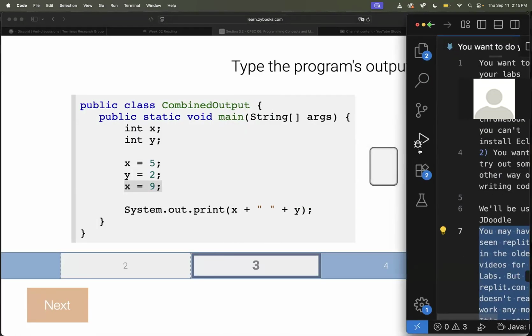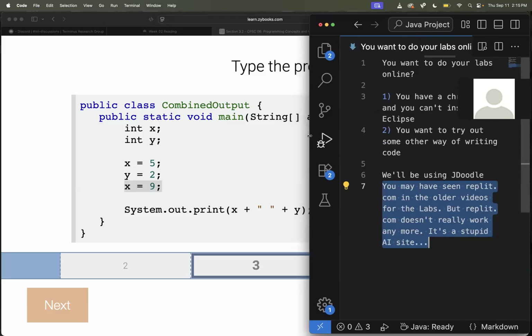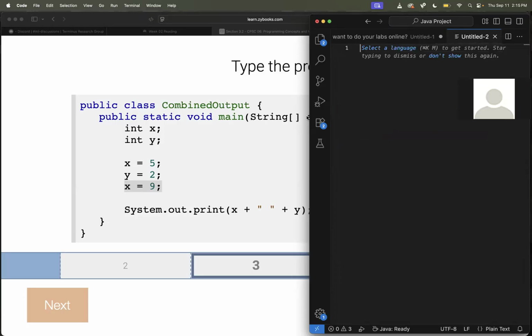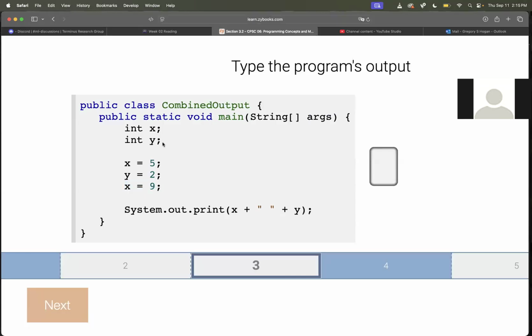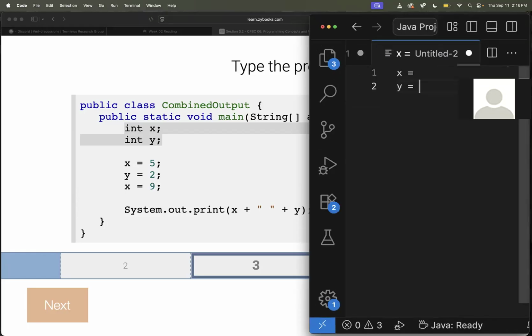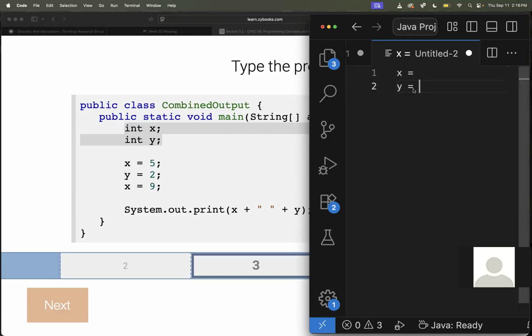This is just a text editor, basically, so don't get too excited about what's here. When you run the first two lines, int x and y, it's basically creating an integer x and an integer y, but so far they have nothing inside them. So we just have a blank x and a blank y.